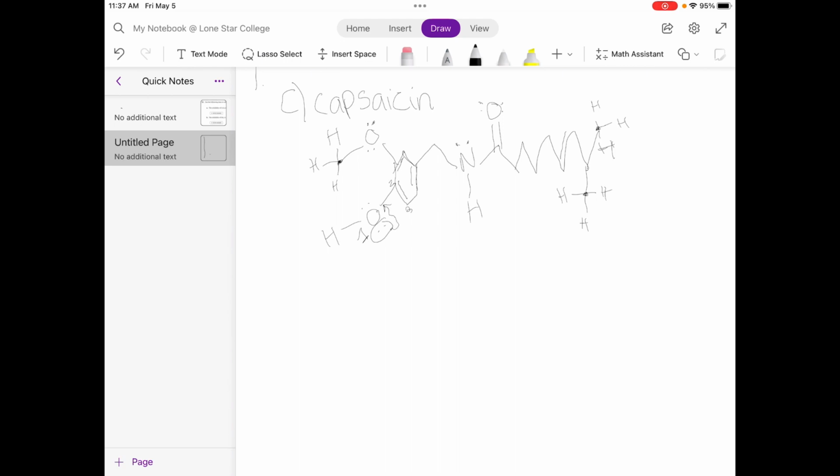That becomes a pi bond. And then the second bond between 2 and 3, sorry. Okay. So this bond right here, it actually moves right here and becomes a lone pair.